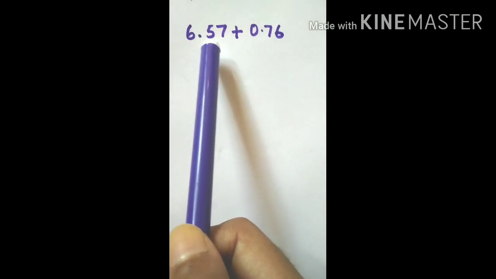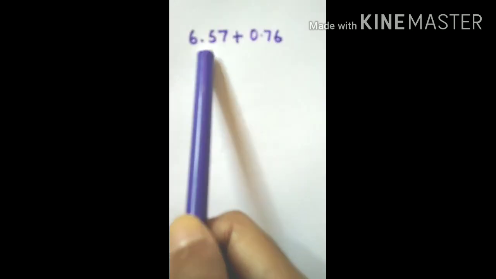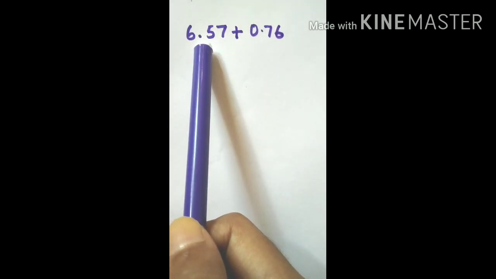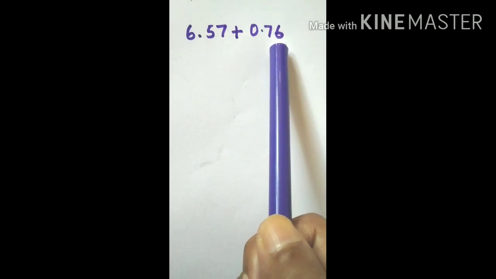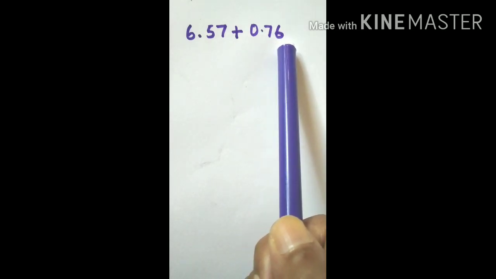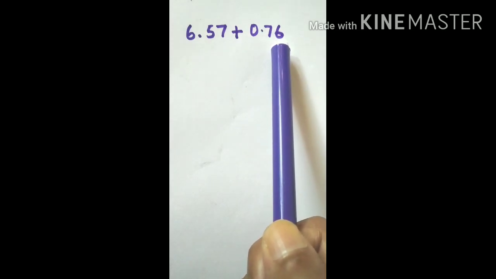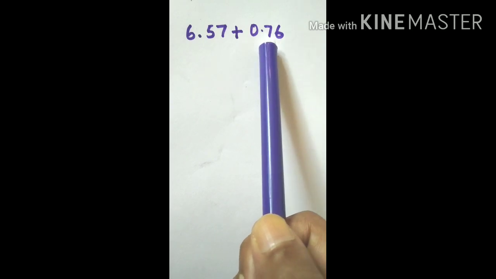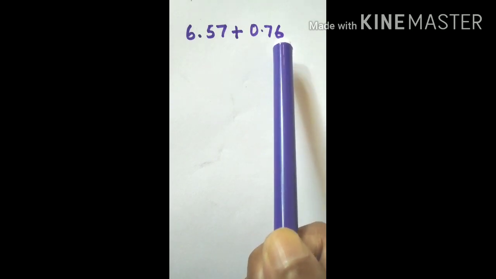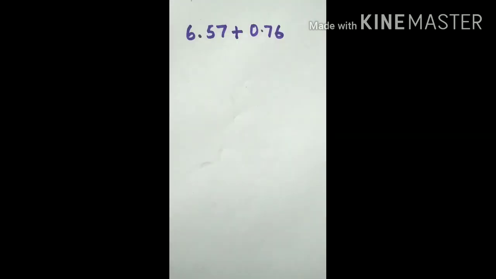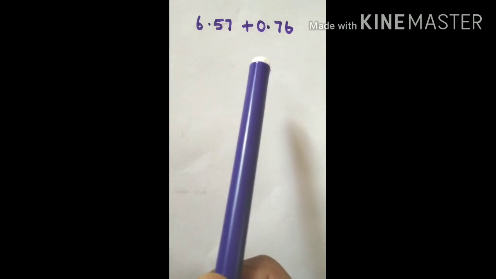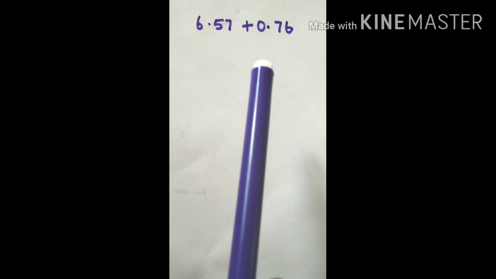That is, there are 2 digits after the decimal point. And the decimal 0.76 also has 2 decimal places. So, these 2 decimals are like decimals. Now students, since the decimals are like decimals, we can add the decimals directly.